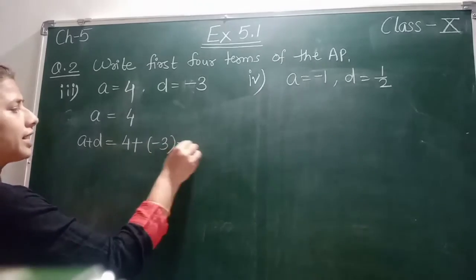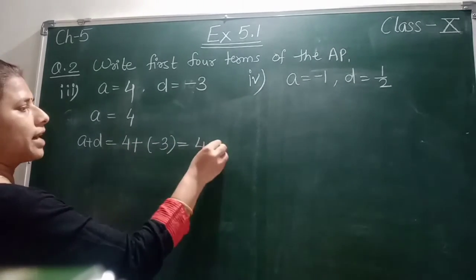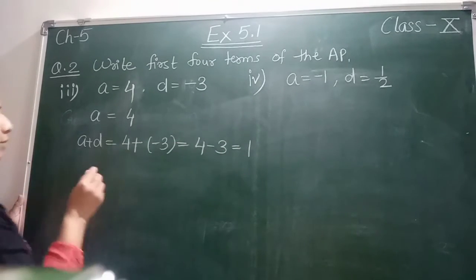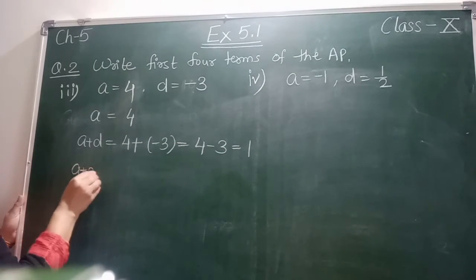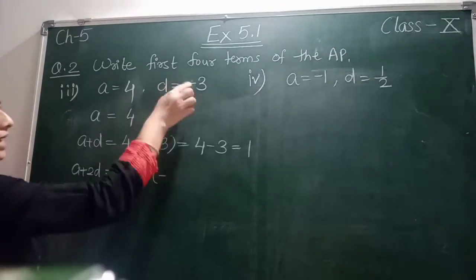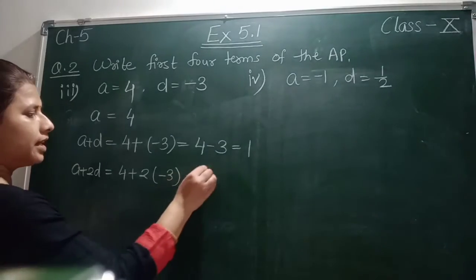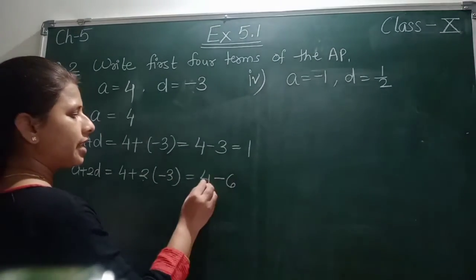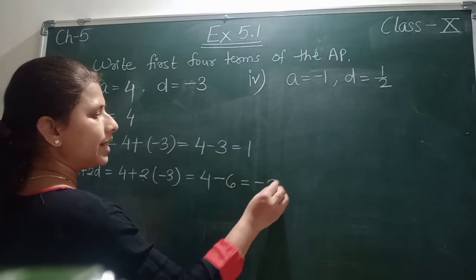Then we simplify the bracket, plus minus minus 3, the answer is 1. So the second term is 1. a plus 2d equals 4 plus 2 into, within bracket, minus 3. Let's simplify this: plus minus, 2 threes are 6, and 4 minus 6 we will get minus 2.